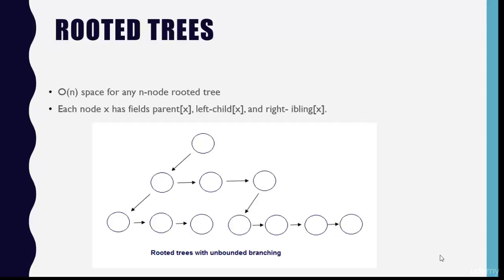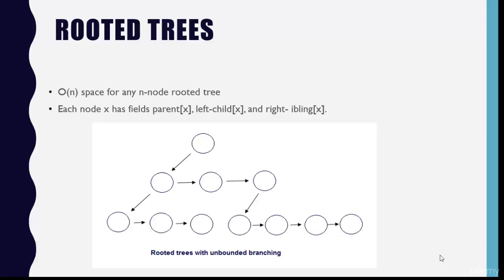Fortunately, there is a clever scheme for using binary trees to represent trees with arbitrary numbers of children. It has the advantage of using only order of n space for any n node rooted tree. The left child, right sibling representation is shown in this figure.